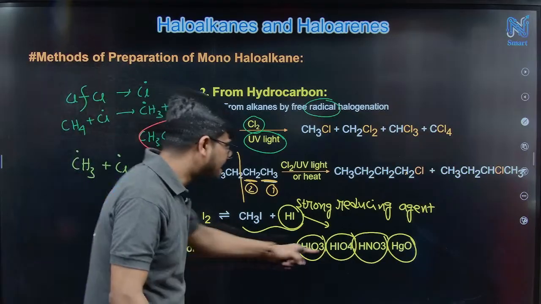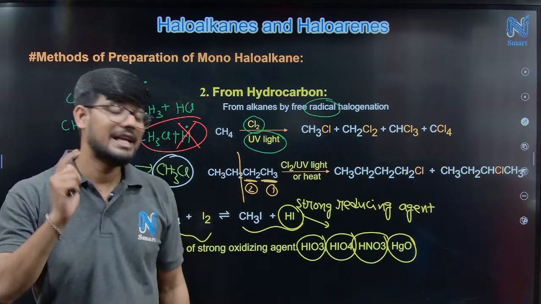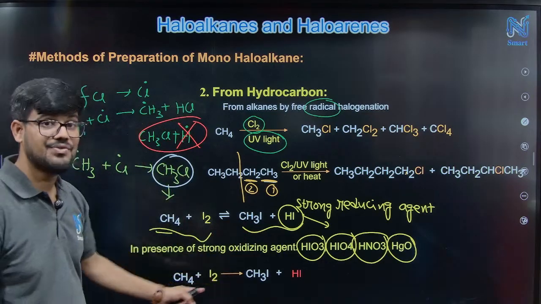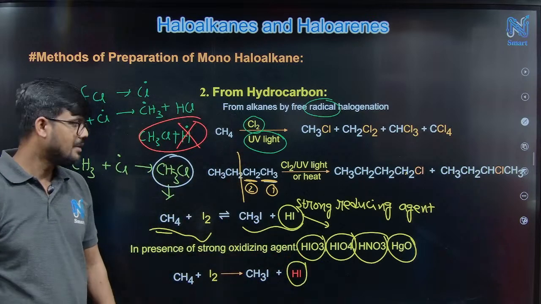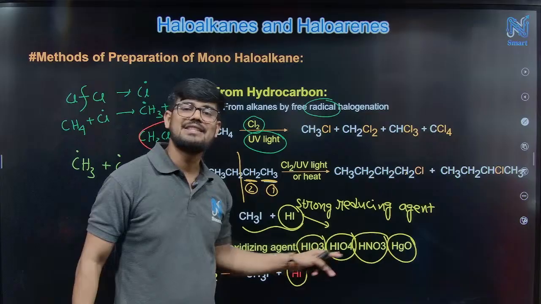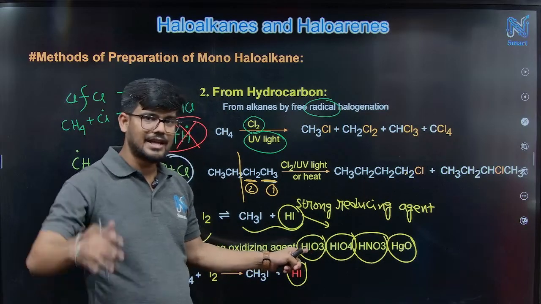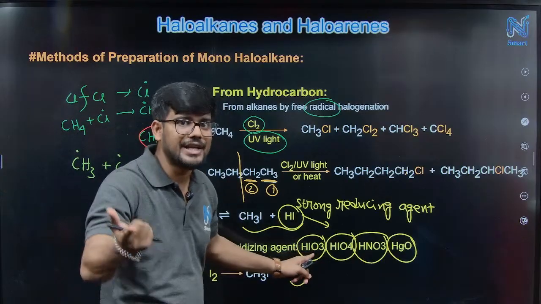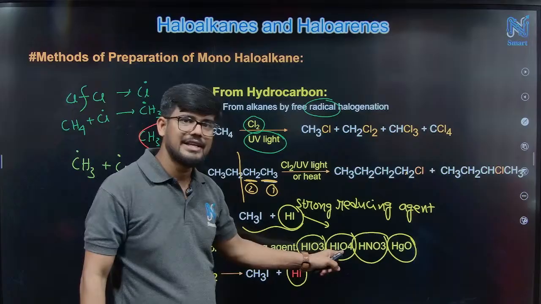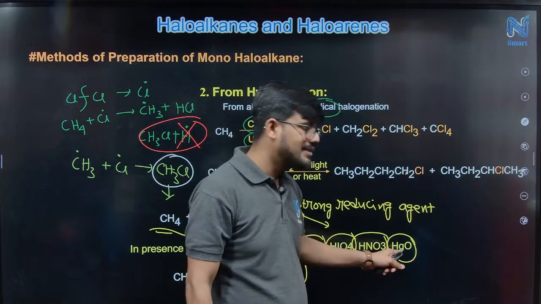So in presence of them, if we carry out this reaction, the HI will be destroyed with time because all these oxidizing agents are present. HIO3 is iodic acid, HIO4 is periodic acid, HNO3 is nitric acid, and this is HgO.